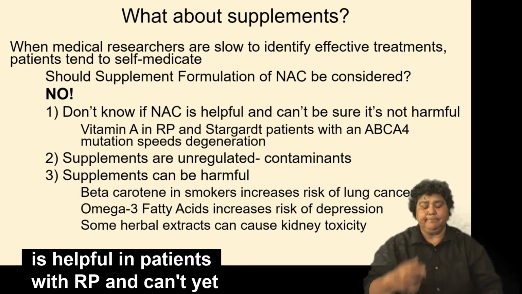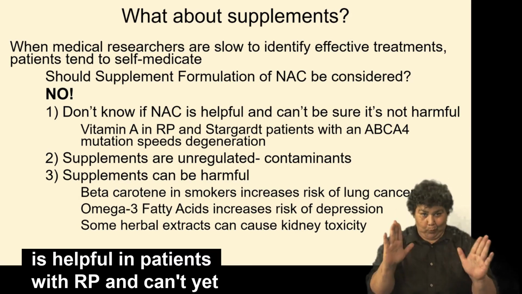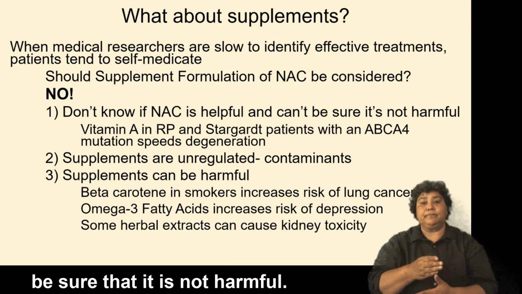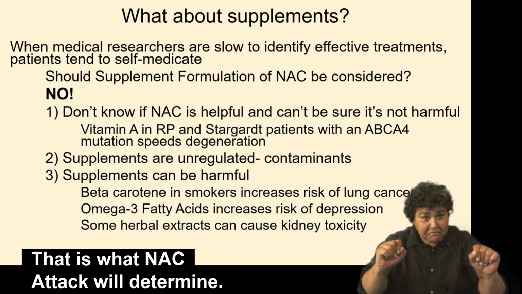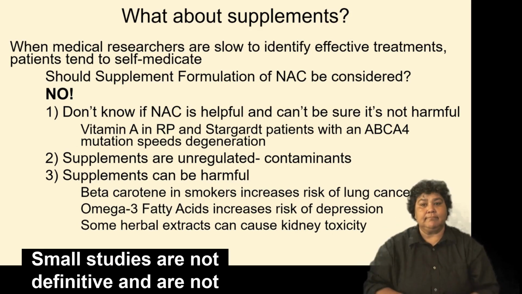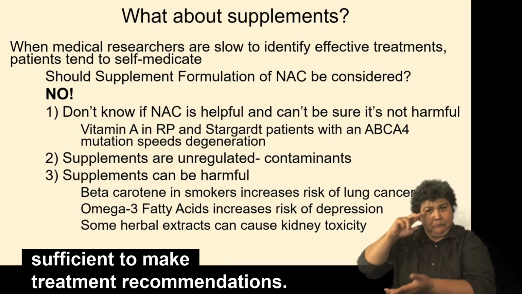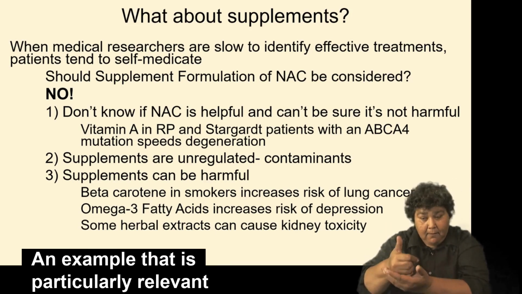First, we don't know yet if NAC is helpful in patients with RP, and can't yet be sure that it is not harmful. That is what NAC Attack will determine. Small studies are not definitive and are not sufficient to make treatment recommendations.